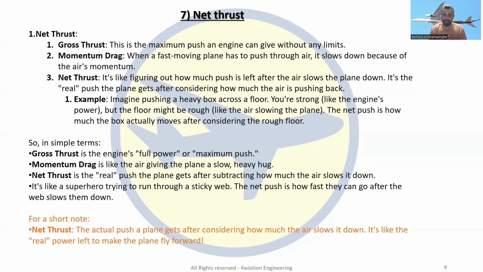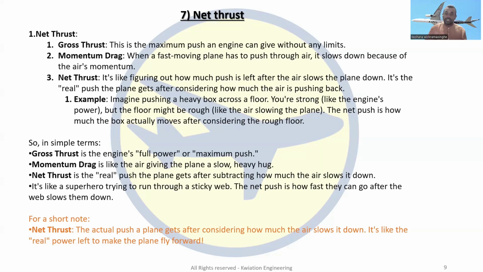So in simple terms, gross thrust is the engine's full power or maximum push, and momentum drag is like the air giving the plane a slow, heavy hug. And net thrust is the real push the plane gets after subtracting how much the air slowed it down. It's like a superhero trying to run through a sticky web. The net push is how fast they can go after the web slows them down.